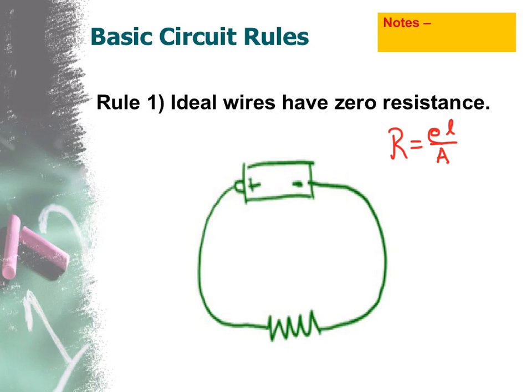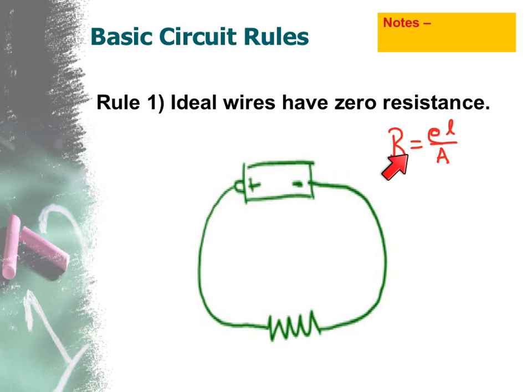There are some basic circuit rules that we generally follow when we're talking about ideal circuits. In a circuit diagram, you typically say that ideal wires have zero resistance. Compared to anything else that you see in this, like the resistor, the resistance of the wires themselves is very, very small, especially if we're talking about short lengths like a meter or half a meter.